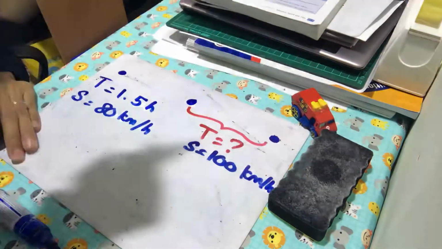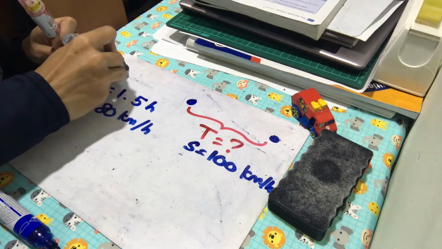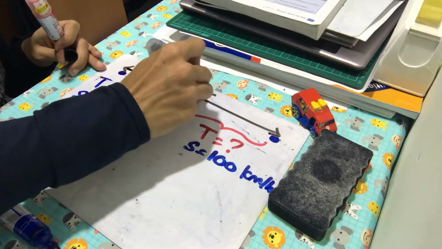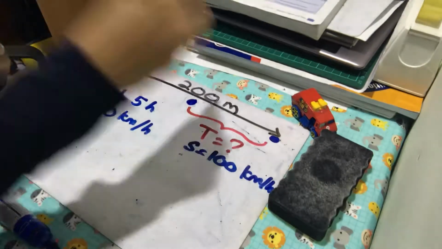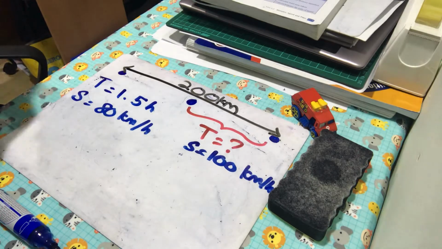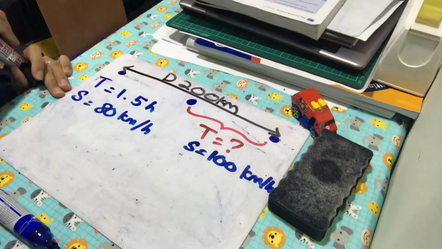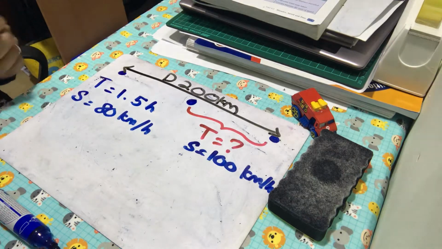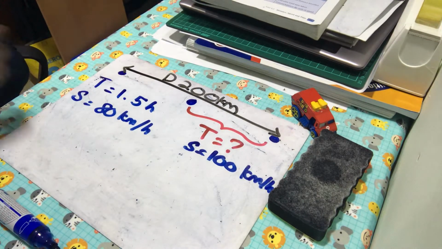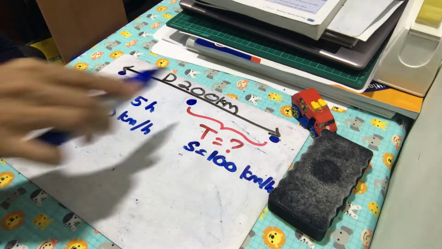The question also mentioned that the total distance from the starting point till the end is 200 kilometer. So, 200 kilometers stands for the distance. Now we have two scenarios here, clearly a different speed and another speed.